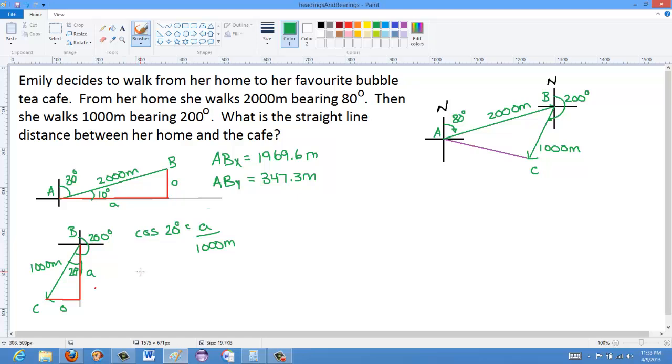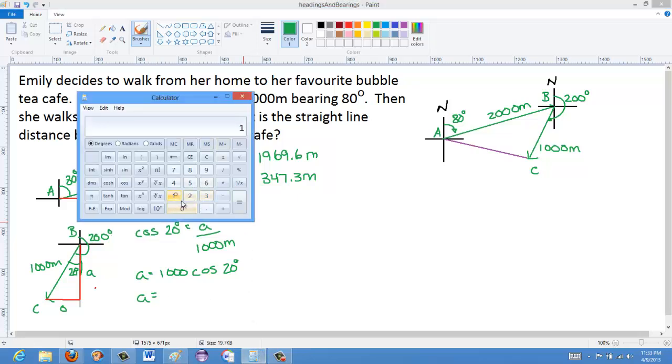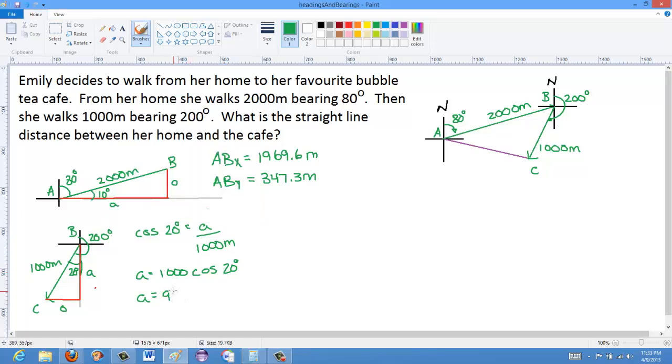Which means that A is equal to 1,000 times the cosine of 20 degrees. So that's 939.69, 939.7 meters.